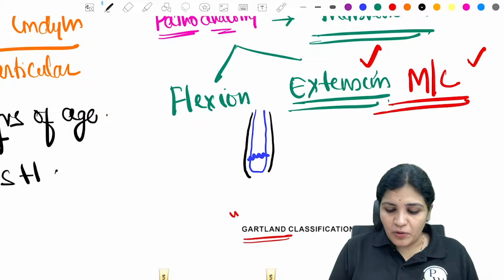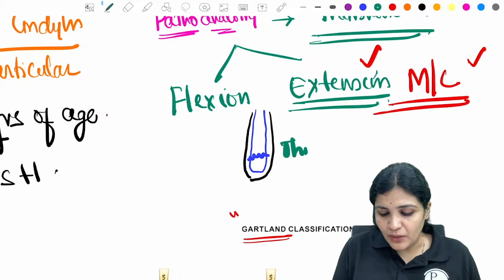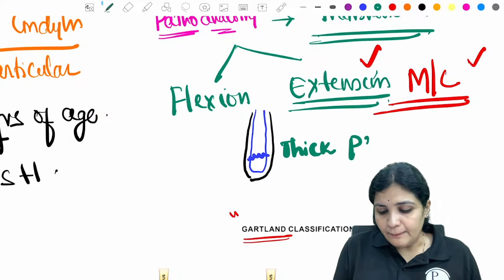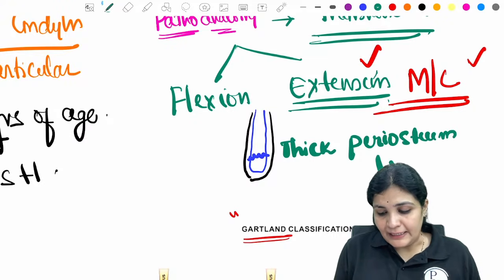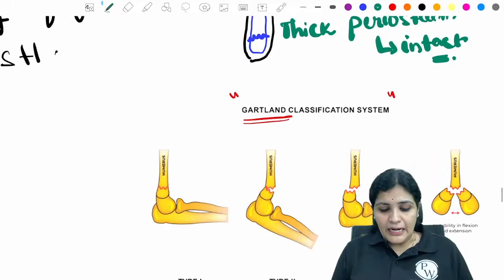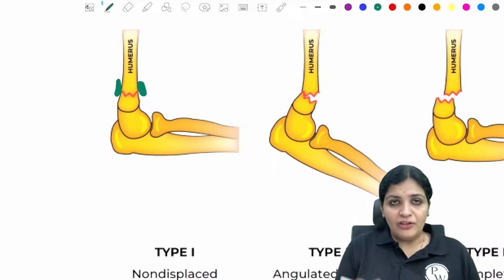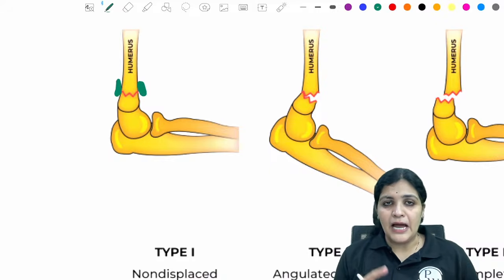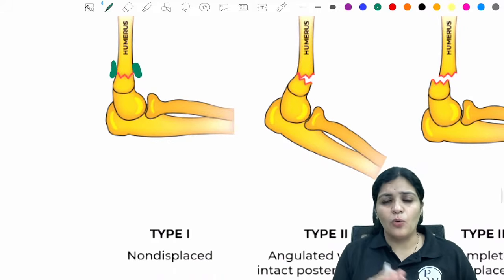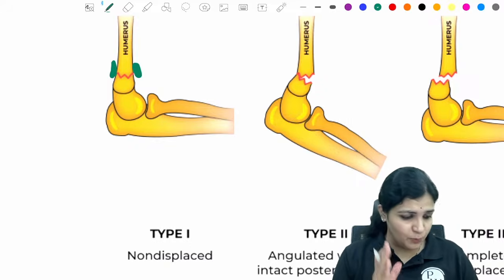Usually in kids there is a thickened periosteum. If this periosteum is intact, usually it is undisplaced. Because of the thick periosteum, even though the fracture is there, it is an undisplaced or non-displaced fracture, which is type 1.